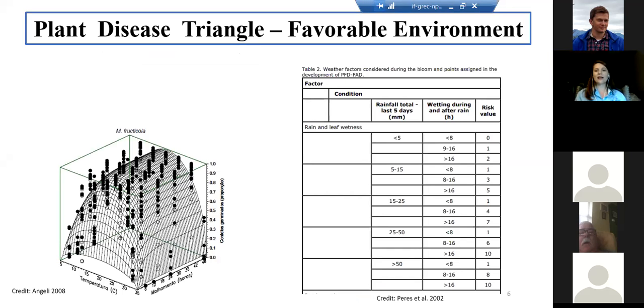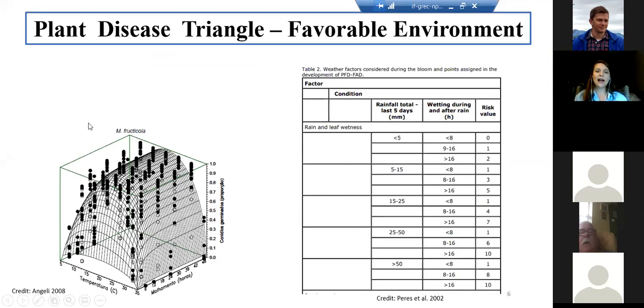I know these pictures might be a little confusing, but I wanted to show you that we as plant pathologists also do a lot of studies on the environment. What are the favorable conditions for a disease to occur?